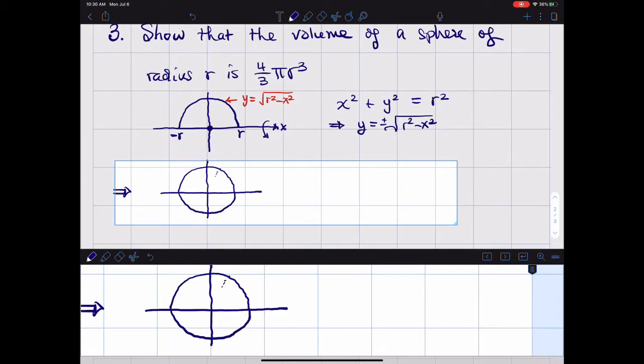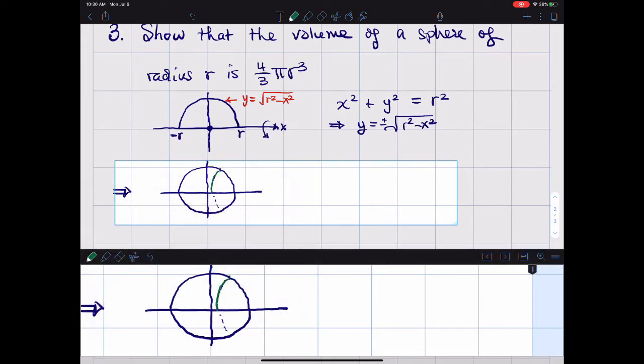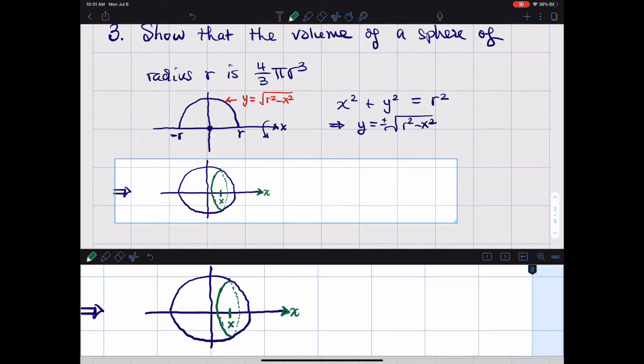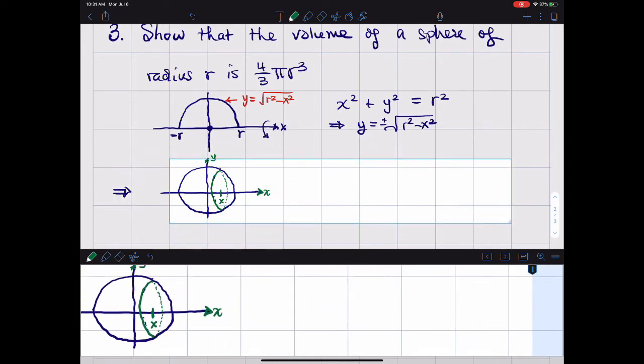So this is a sphere. So all you have to do now is to cut out a slice of this sphere at a point x. Remember, this is our x-axis and that's our y-axis. So cut out the slice.